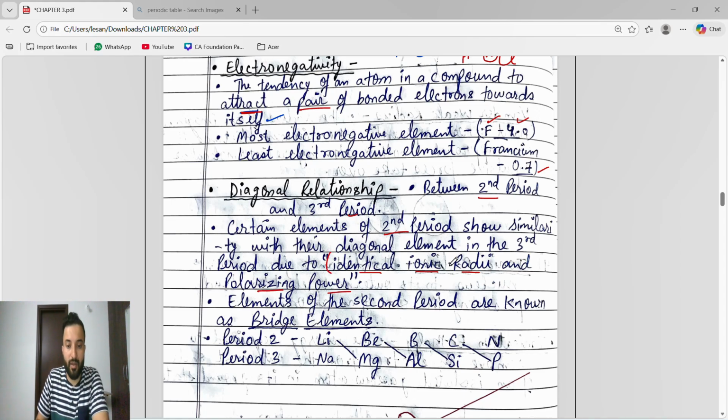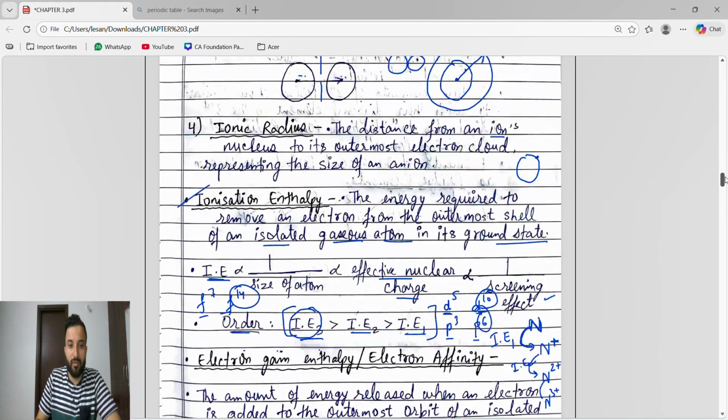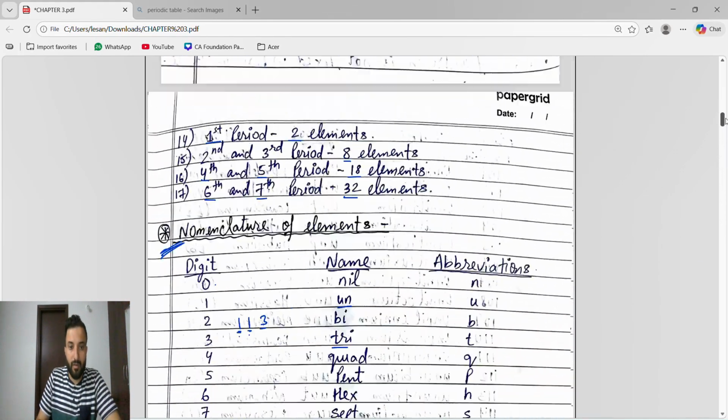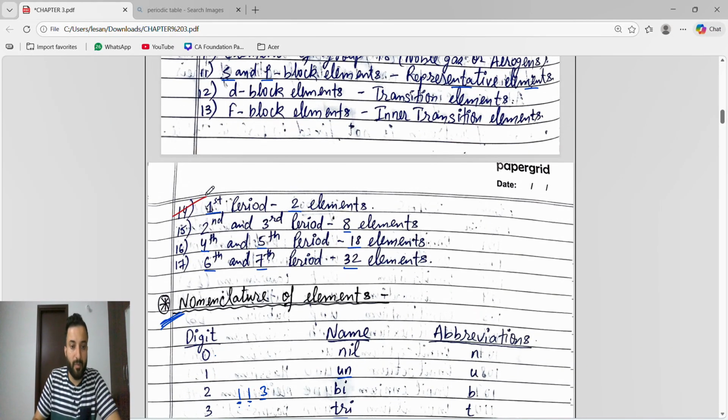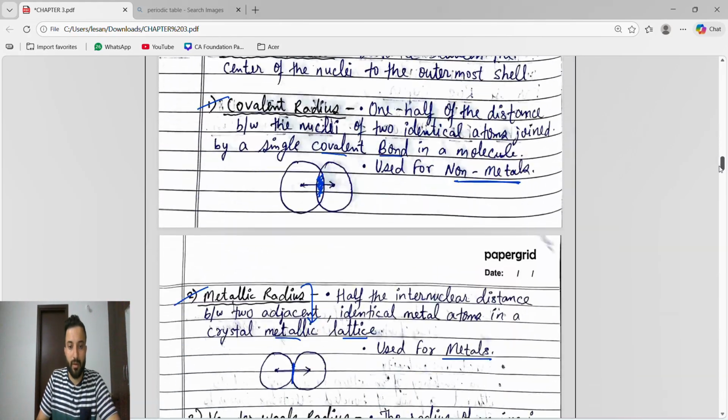Certain elements of the second period show similar physical and chemical properties with their diagonal elements present in the third period, because the period below the second is the third. As I told you, the first period is separate, the second and third periods show similar physical and chemical properties, the fourth and fifth periods show similar properties, and the sixth and seventh show similar properties.